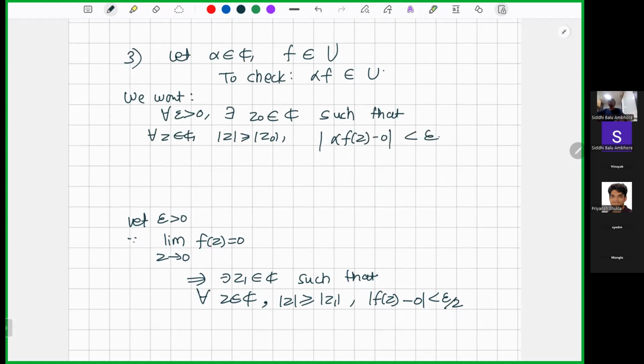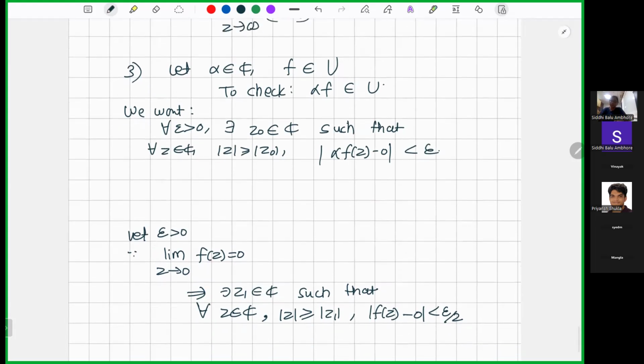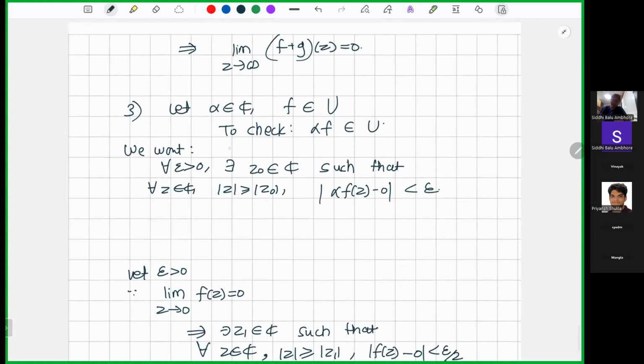Okay, so if alpha is 0, the function becomes 0 and we are not taking that case. If alpha is 0, nothing to prove.